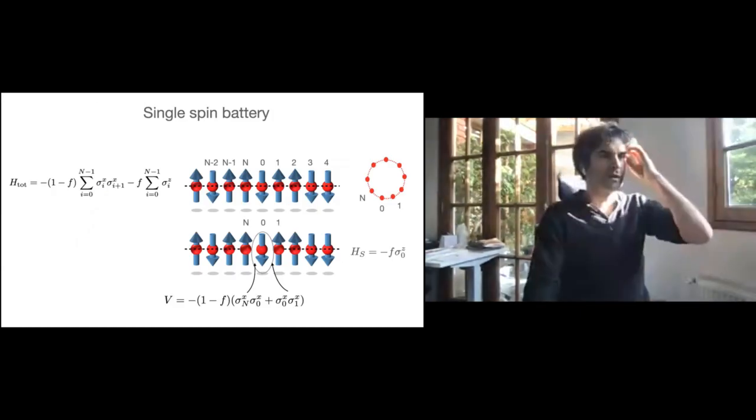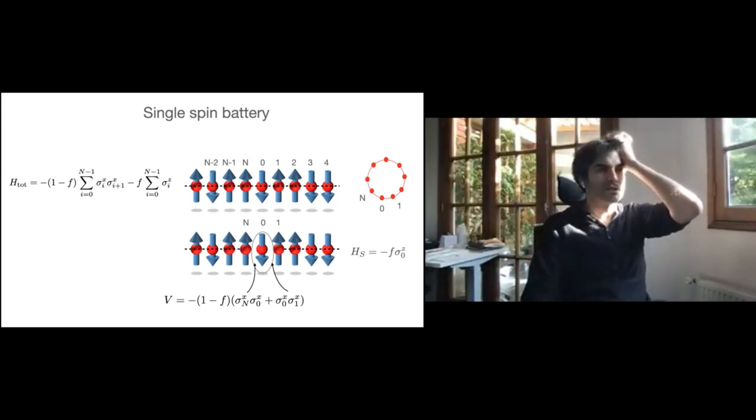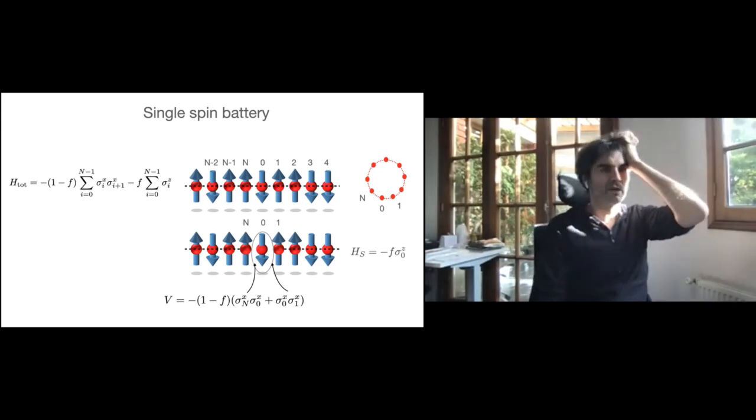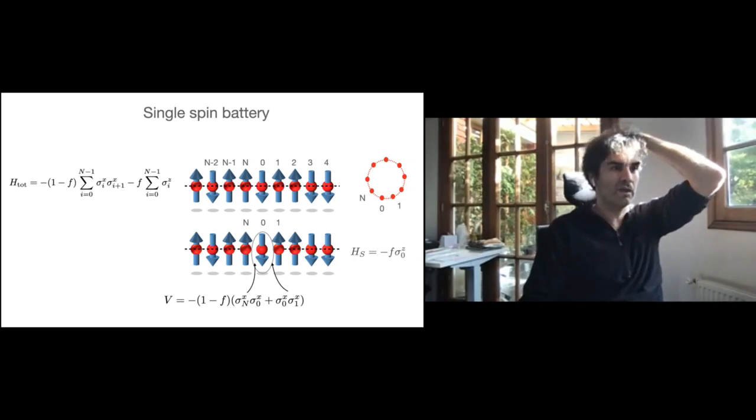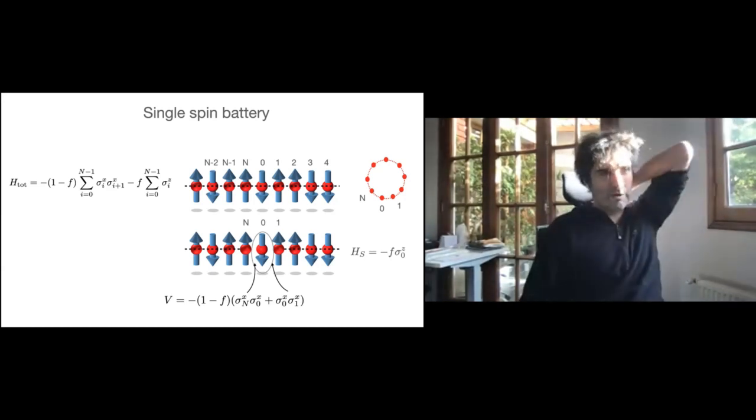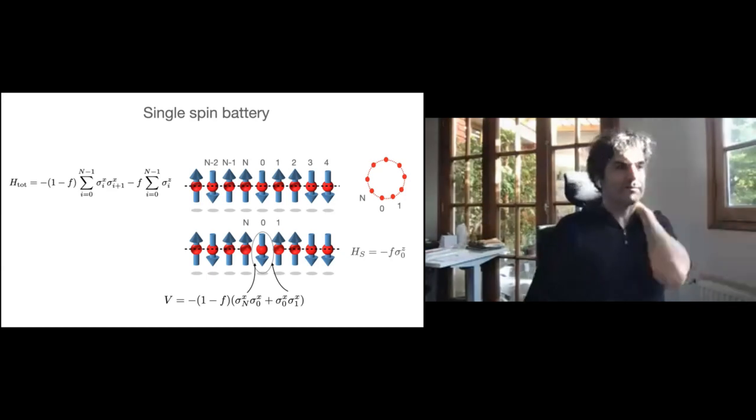Okay. So as I was saying, I will consider a single spin battery. So the Hamiltonian of the battery is this very simple Hamiltonian, and the Hamiltonian of the interaction is always the same. We turn off and on the interaction of the spin with the neighbor spins of the charger.